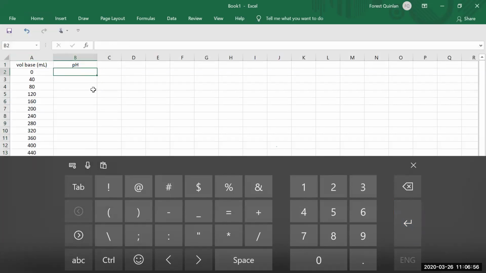Our pH. Kimchi, read them off again. 1.97? 1.42.